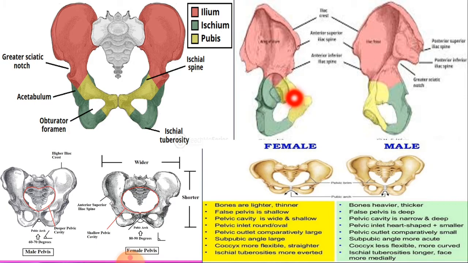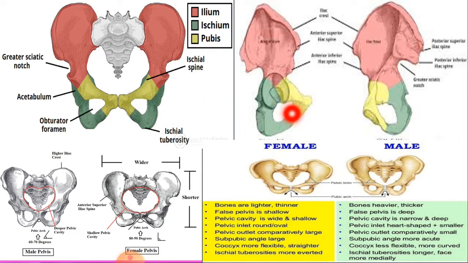Then we talked about the pubis, and we said that the pubis is the anterior part of the hip bone, and that it forms a joint with the other innominate bone, a cartilaginous joint, and we are calling it the symphysis pubis or pubic symphysis.